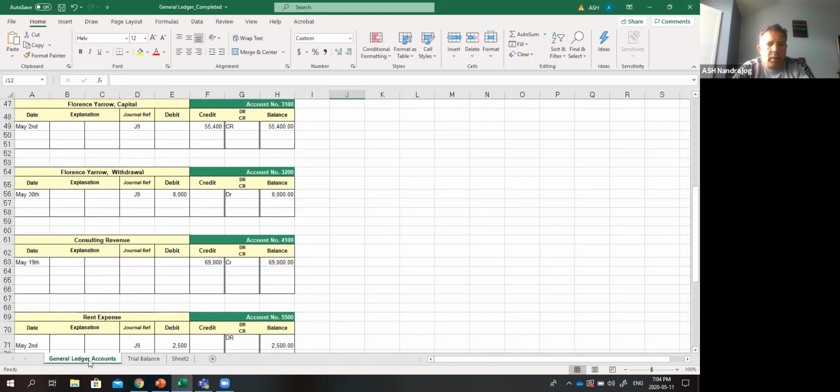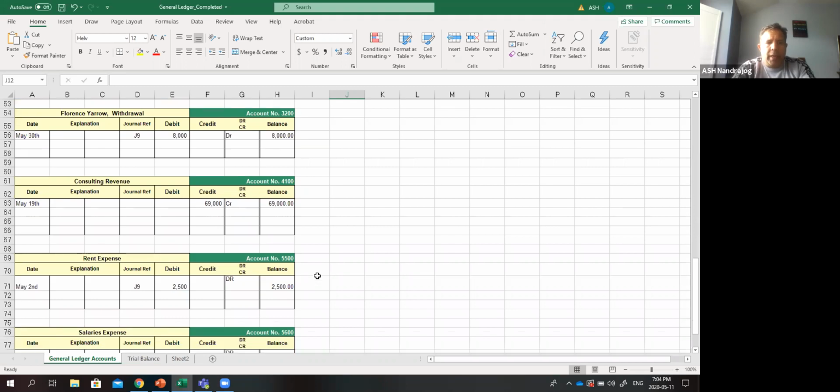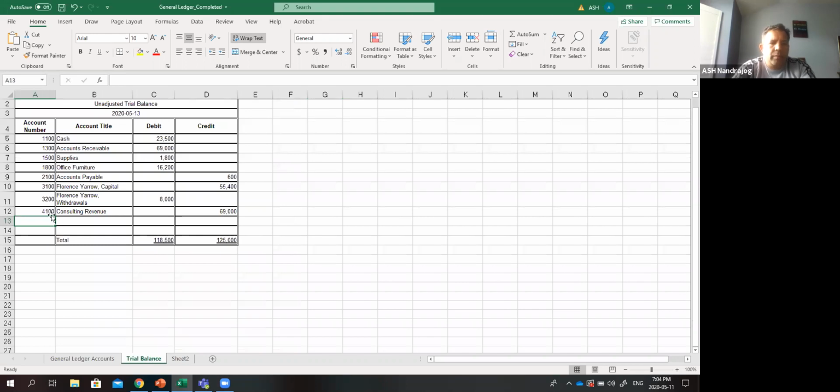Next we have rent expense. It has a debit balance of 2,500. The account number for rent expense is 5,500. So rent expense, and the balance is $2,500.